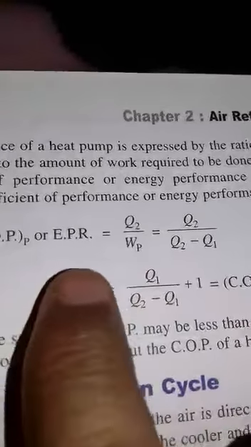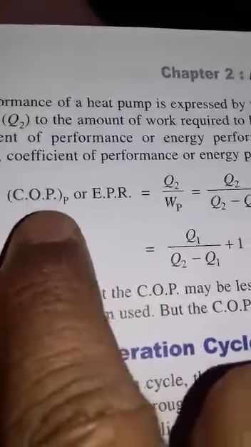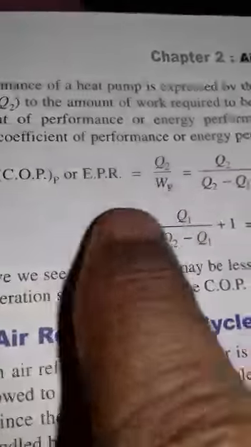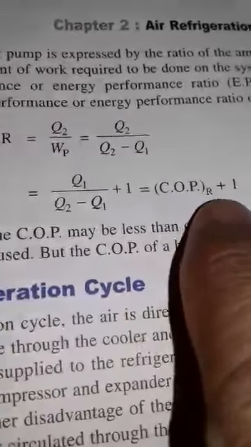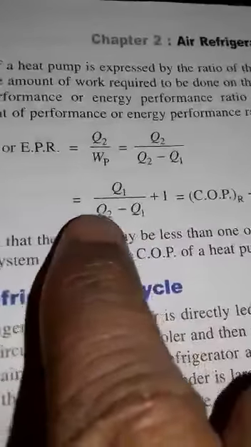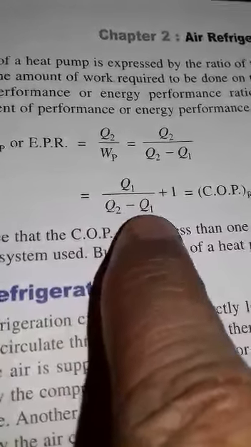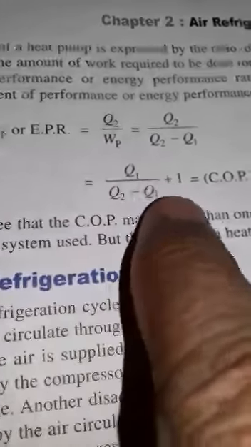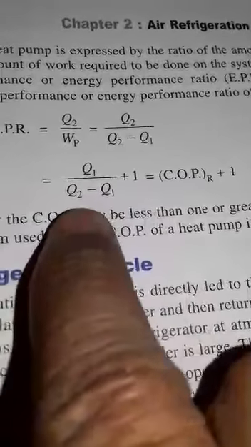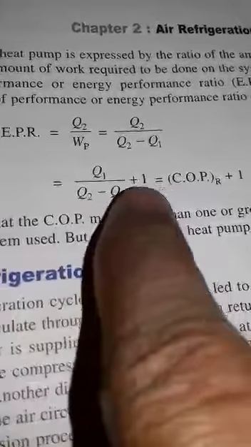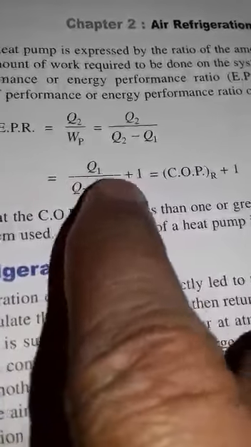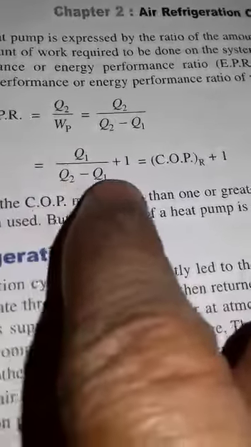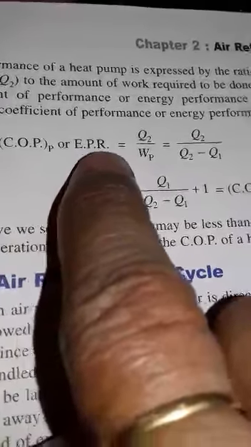Okay. Now you see very important thing, that if you add 1 to the energy performance ratio of the heat pump, we get the COP of the refrigeration. See, Q1 upon Q2 minus Q1, that is the COP of the refrigeration. You add 1, then what we will get? Q1 plus Q2 minus Q1, then Q1 will cancel, and we will get Q2 upon Q2 minus Q1. That is the energy performance ratio.